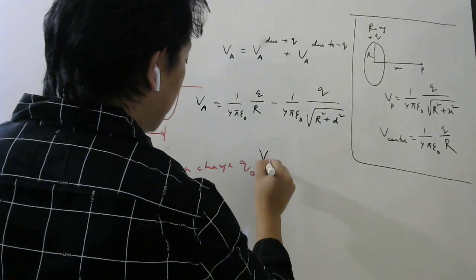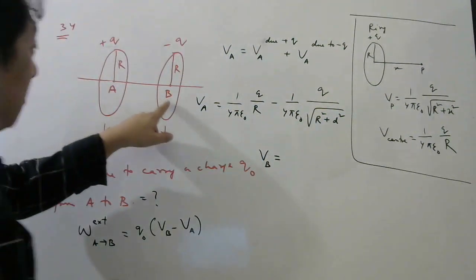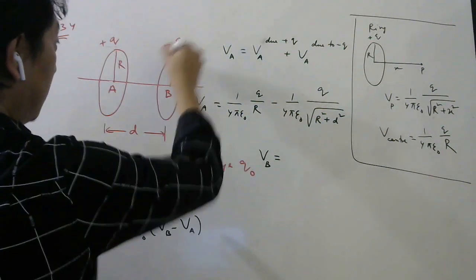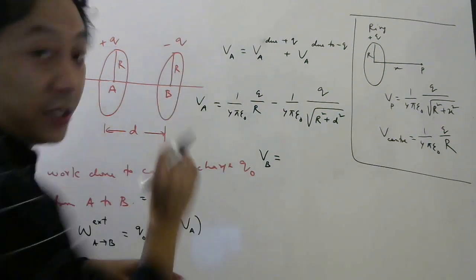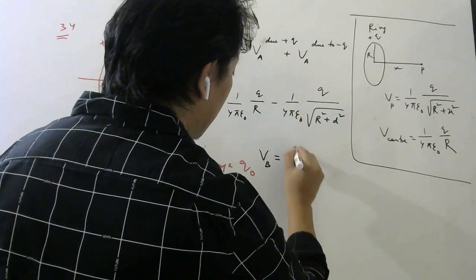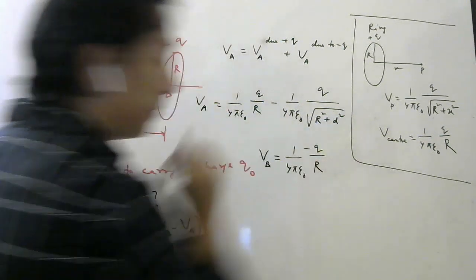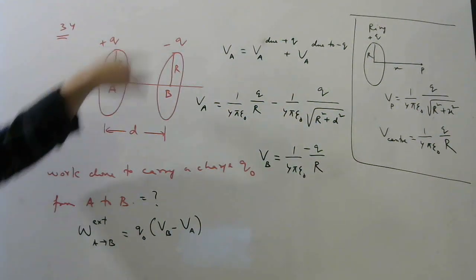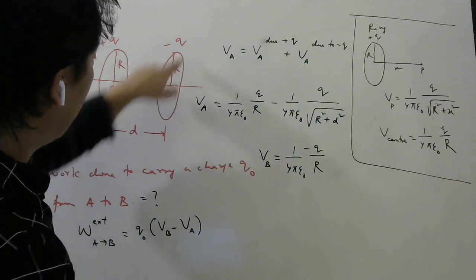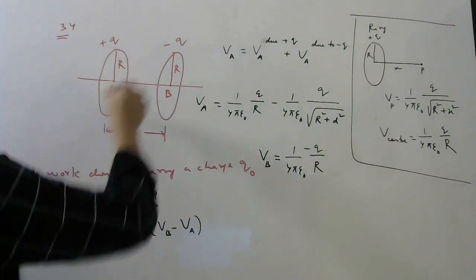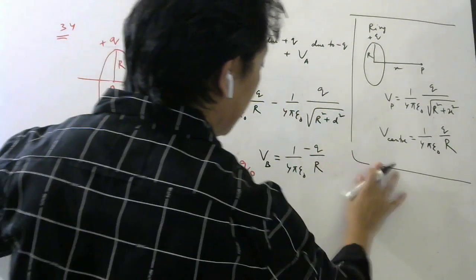Similarly, can you tell me potential at B? First, it will be due to this ring. For this ring, where is this point? At the center, so this formula: 1 by 4 pi epsilon naught minus q by r, because the source charge is negative. Now due to the other ring, which formula do I have to use?